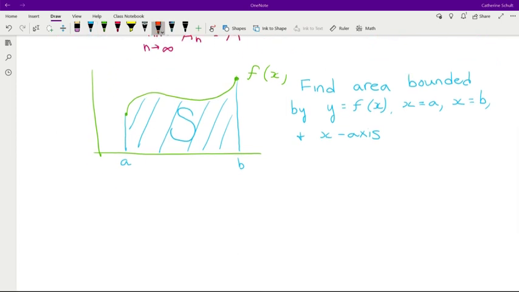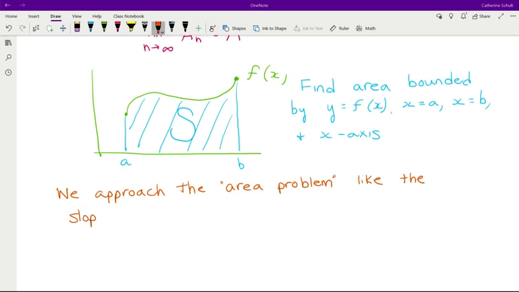So we approach the area problem in a similar way like we did to find the slope of the tangent. So let me remind you how we found the slope of the tangent way back in the day, before we knew it was the derivative, before we knew how to take the derivative.